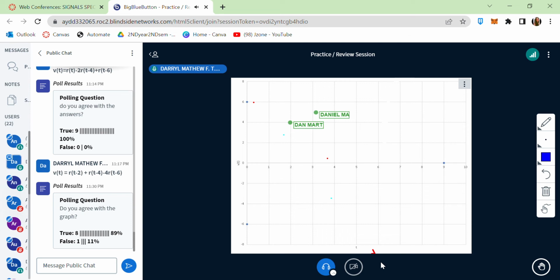Yung mga slope na yan can be viewed as rise over run. Gaano kalayo tatakbo yung function bago siya umakyat by that numerator?